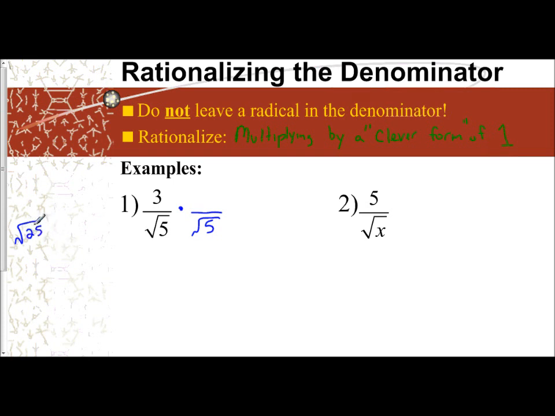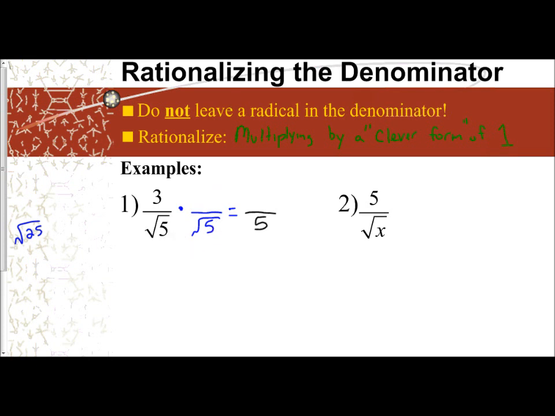And what is the square root of 25? Well, that's just the number 5. And so if I multiply the bottom by itself, by the radical that's in the bottom, it's just going to cancel out the radical and I'm just going to be left with what's inside. But now I just changed the value because I just multiplied the bottom.